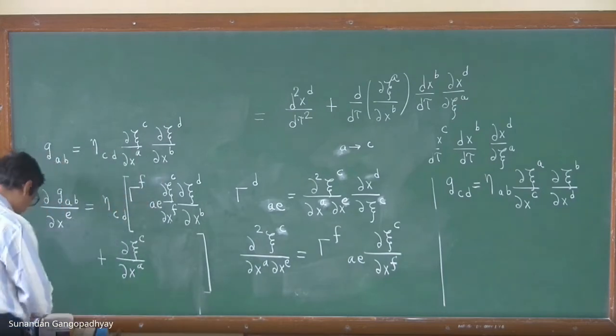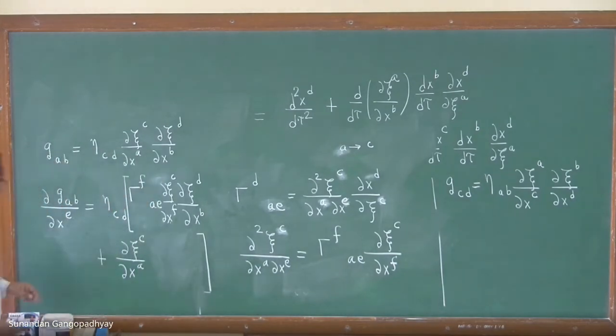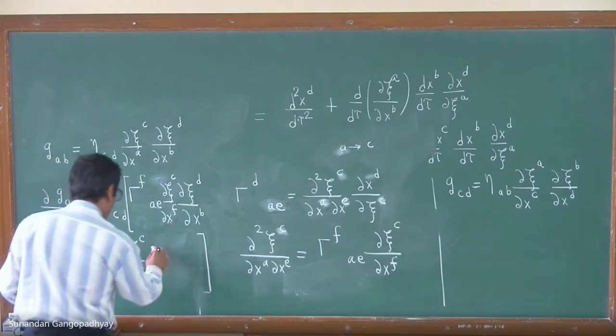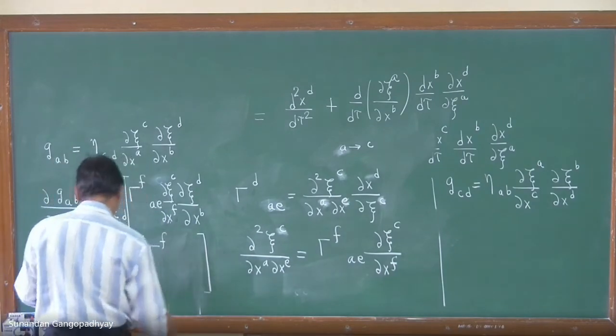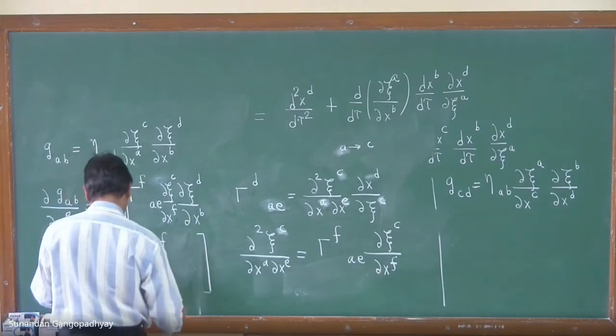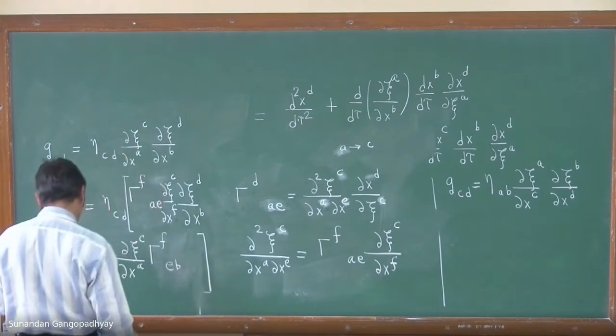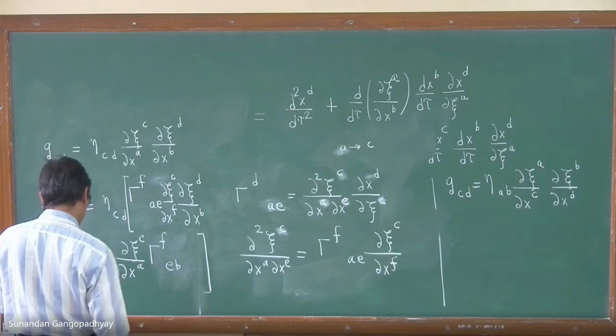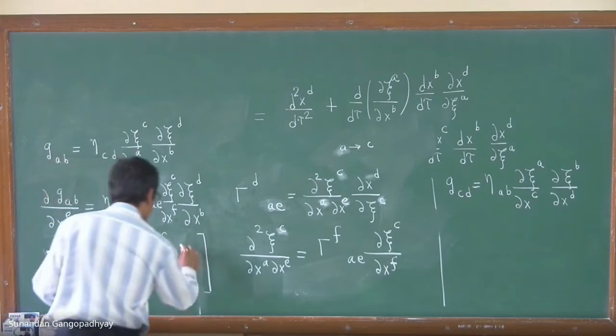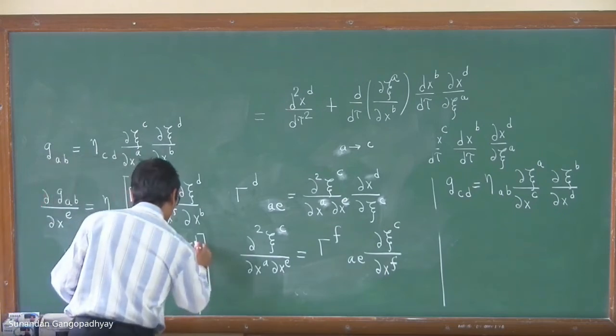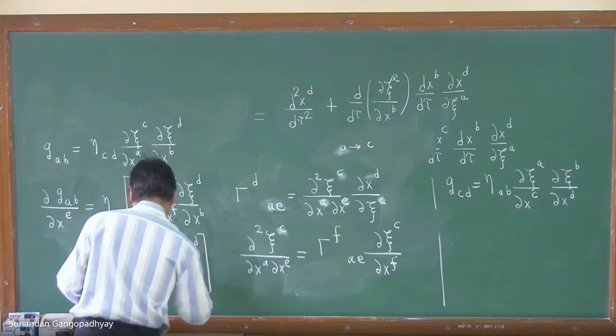Have you done it? If you have not done it, then let me write it in the same way. You can write this as gamma^f_db, xi^c is already there, del psi^d over del x^f.